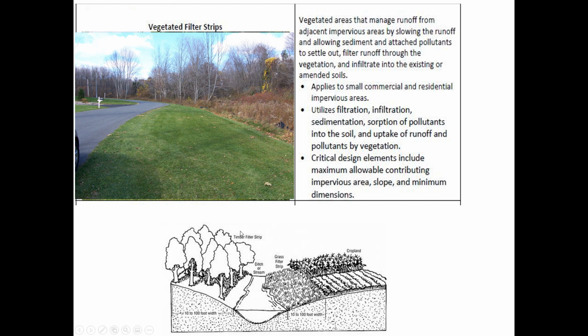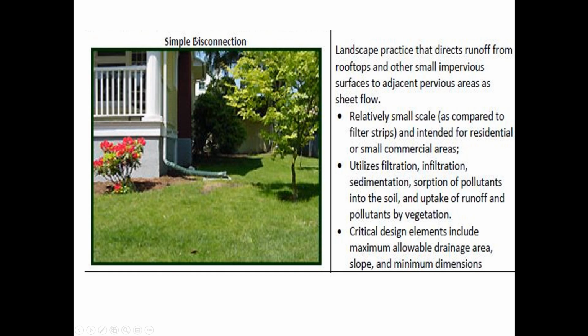Same thing if you had a timber area that was on the other side of a road. So sometimes it's not just decorative to have grass and vegetation and trees next to a roadway. It can be a way of creating a barrier between this urbanization and a stream that's carrying stormwater. So vegetated filter strips is one approach.